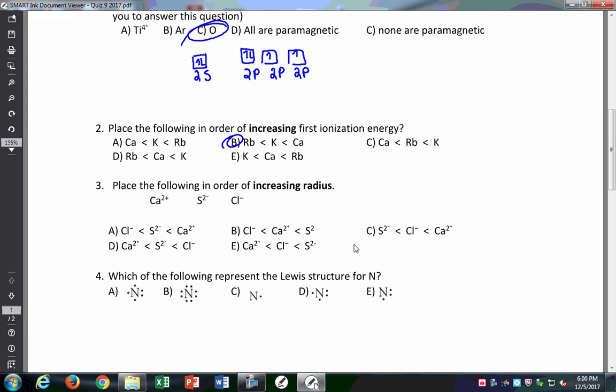Now here we're looking at radius, and again, you don't really have to memorize these trends. If you understand what's happening, it makes sense. So first off, I usually look at a periodic table. We really don't need to, because when we form all of these charges, we basically make the atoms look like the same noble gas.